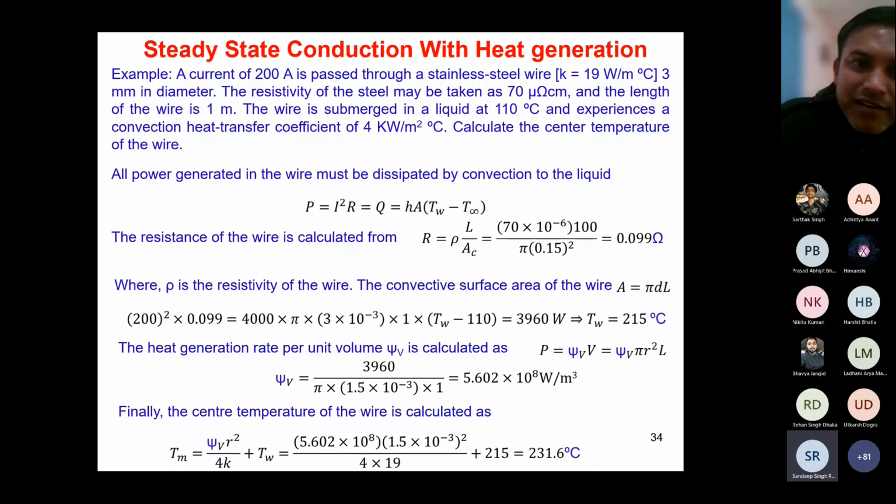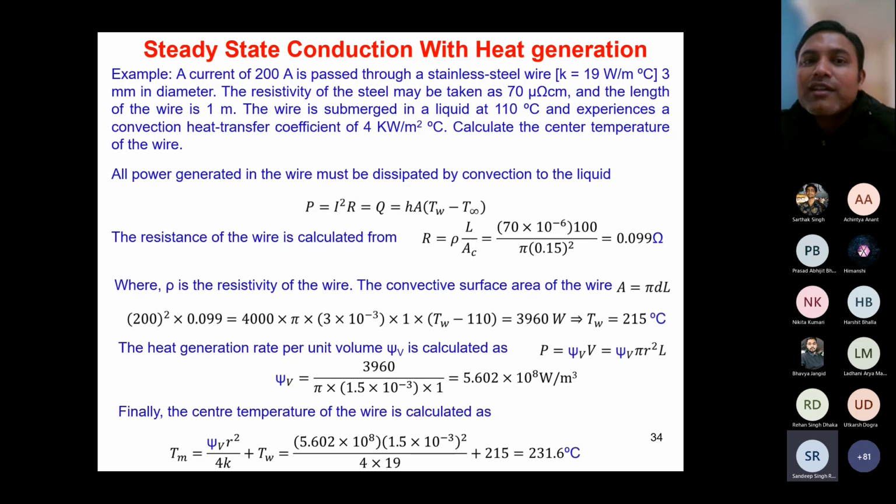Now, in this case, the heat is only generated by the wire. There is no heat input to the liquid from any other source, isn't it? So whatever the convective heat transfer taken between the liquid and the wire will be the same as the heat generated by the wire.